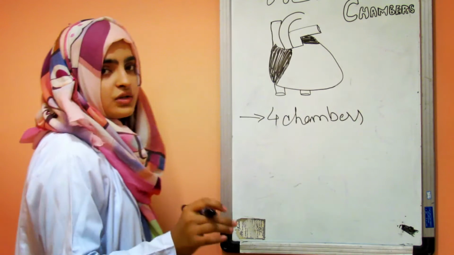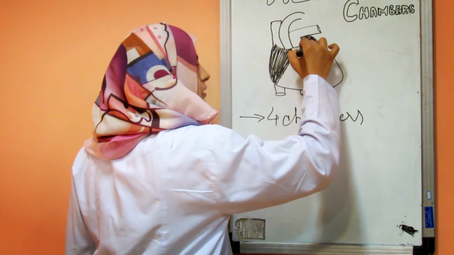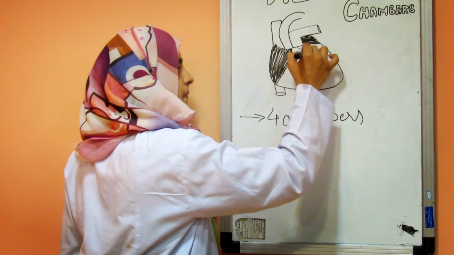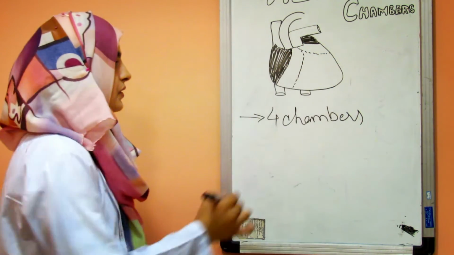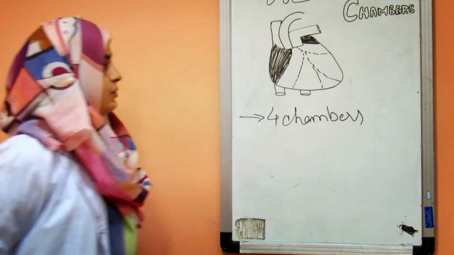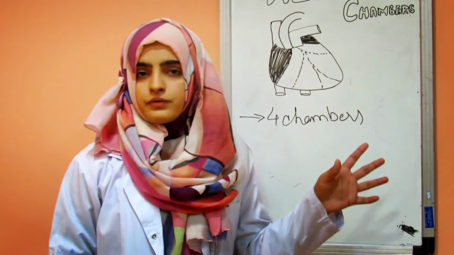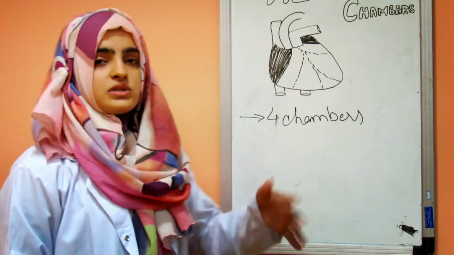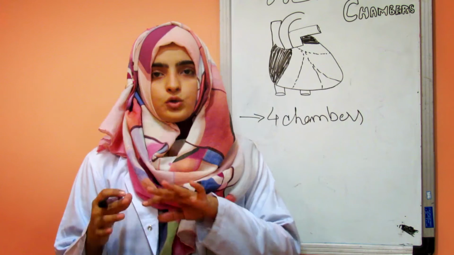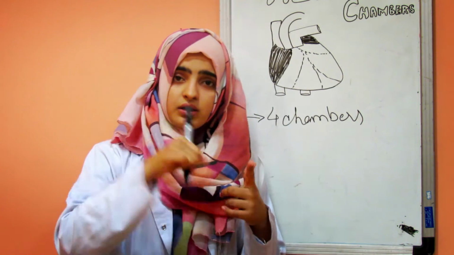Alright, 4 chambers. How are these 4 chambers distributed? There is the left atria, the right atria, the left ventricle, and the right ventricle. The 4 chambers of the heart are distributed as 2 chambers on the right side and 2 chambers on the left side: 2 atria and 2 ventricles.